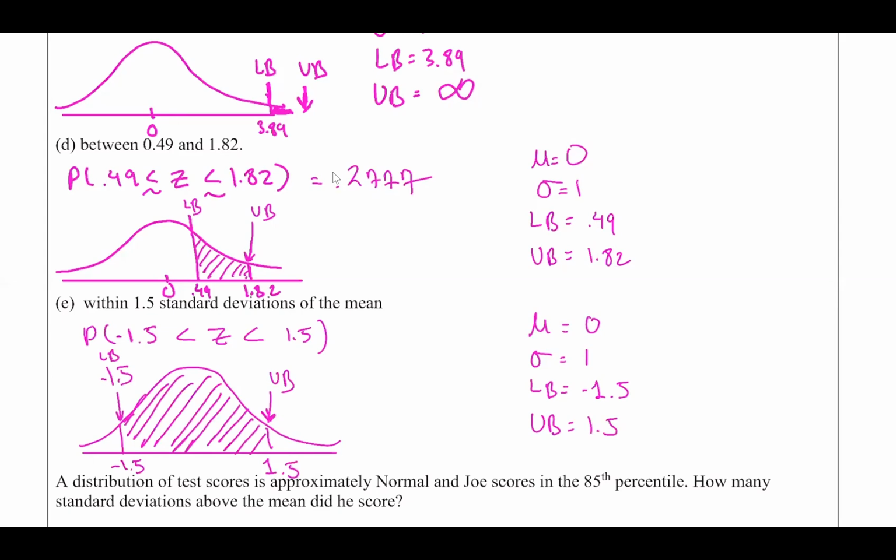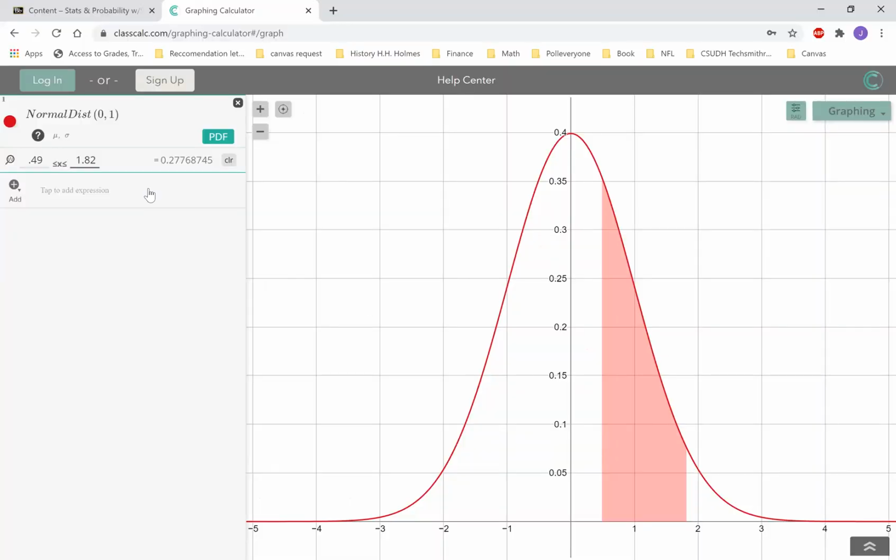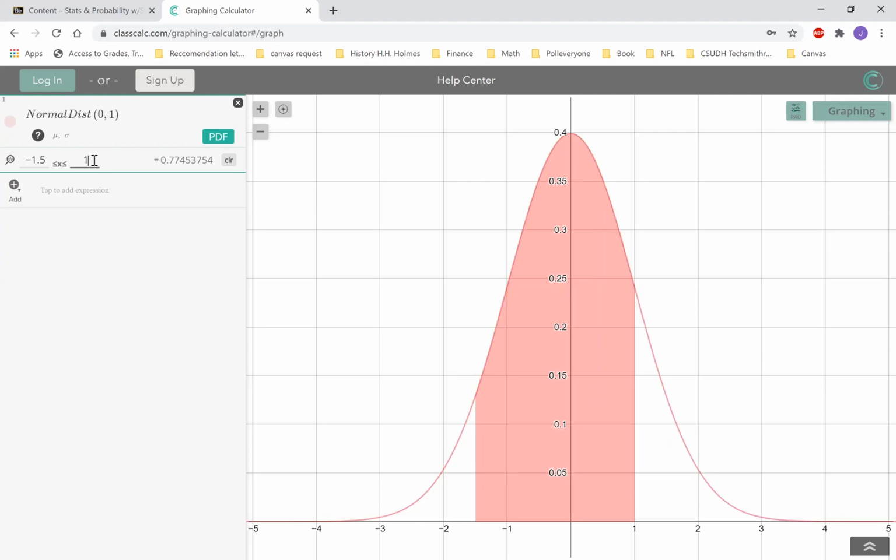So when we go to class count, that's where we're going to enter them. For the lower bound, we enter negative 1.5, and for the upper bound, we enter positive 1.5.